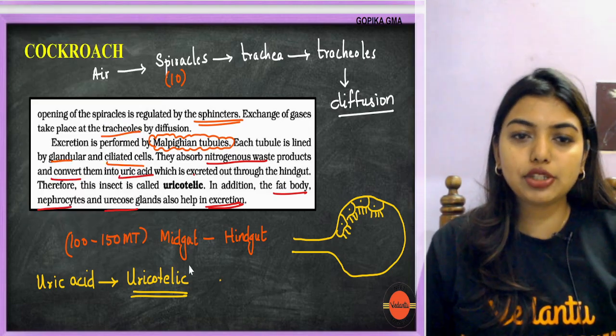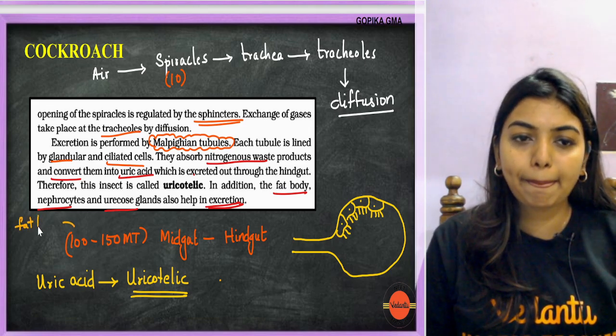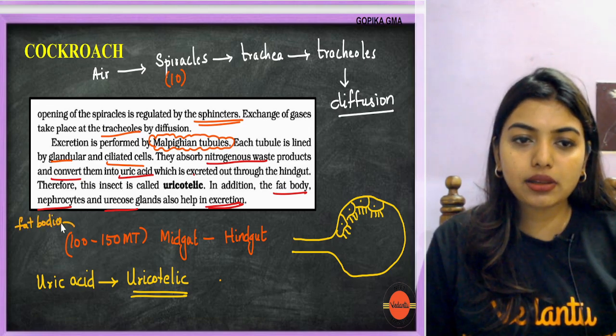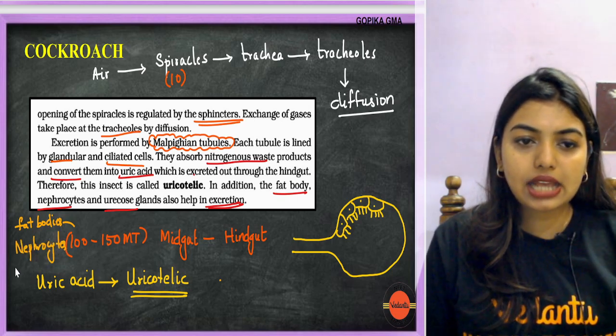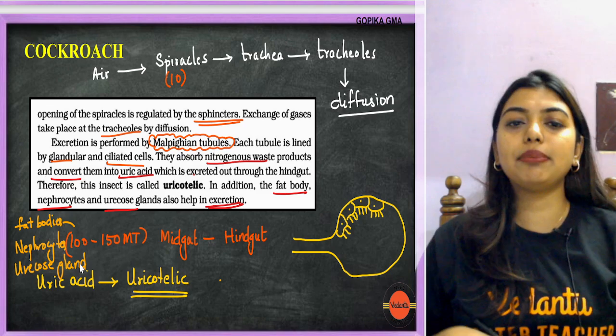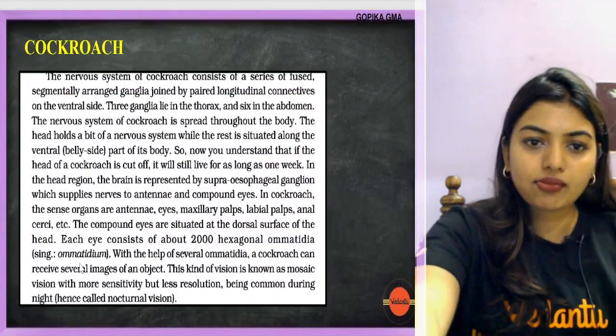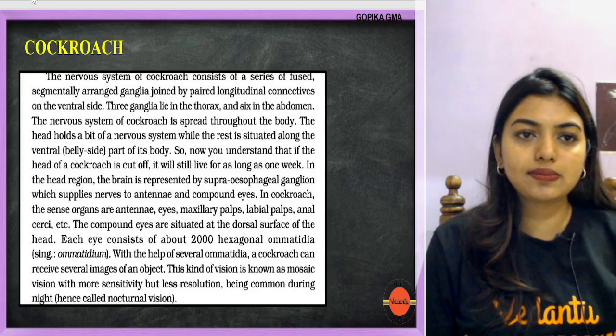No, with Malpighian tubules they have fat bodies, nephrocytes, as well as uricose gland. These three are going to help in excretion. Clear? Can we go to the nervous system?